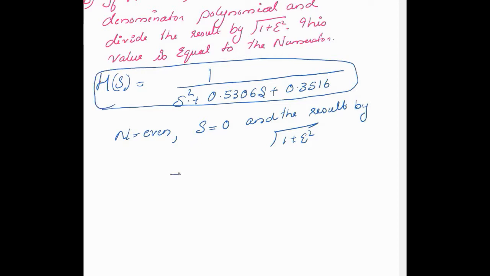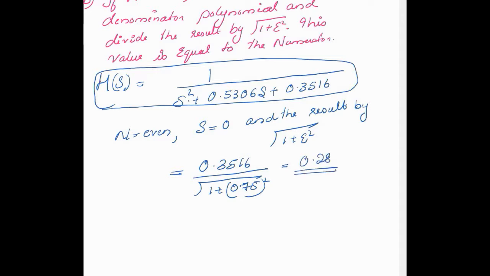While substituting that in the denominator polynomial, we get the answer 0.3516. With that, you have to divide by root of 1 plus epsilon, where you got 0.075 the square, so that will be equal to 0.28.